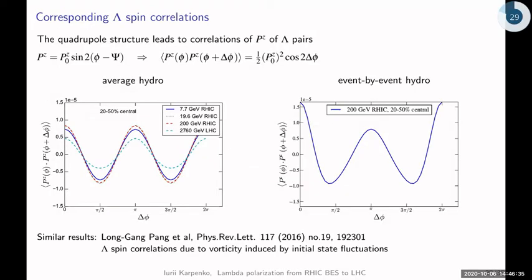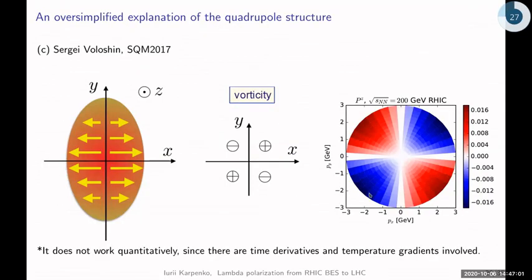And in principle, having this quadrupole structure, one can do a very simple exercise and compute the correlation of spins in the longitudinal direction, and the correlation will of course follow the cosine 2 delta phi shape. So here I show the, in principle unpublished, results for how the correlation of spins would look precisely from this quadrupole structure on the right. So that's very easy.